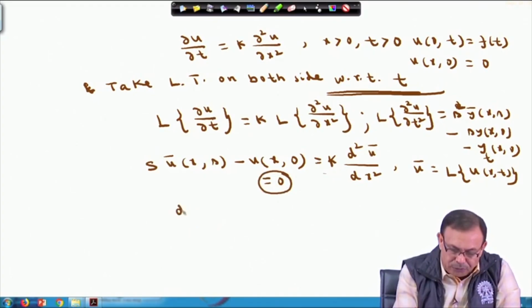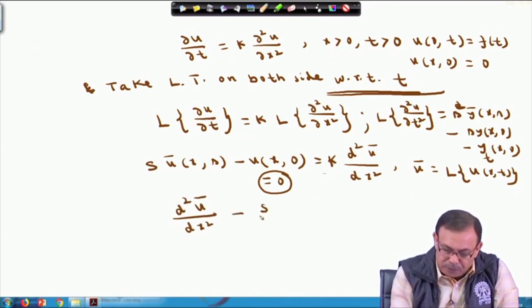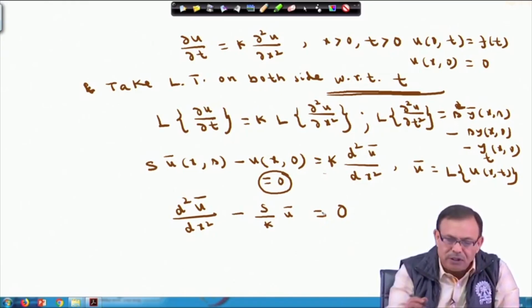So, you can write d²ū/dx² minus (s/k) ū equals 0. This is an ordinary differential equation with auxiliary equation m² minus s/k equals 0, so that m will be plus minus root of s/k.